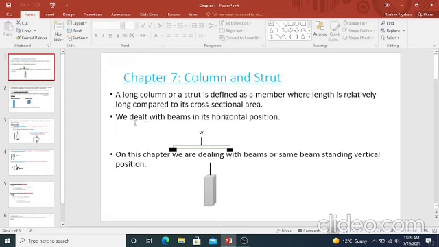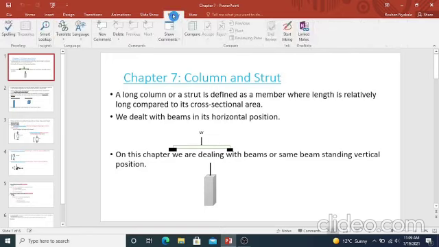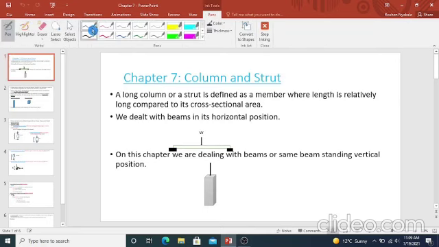On the previous topics that we dealt with, the beam was in a horizontal position, whereby we determined the critical point of the beam in the form of your bending moment. You can tell that the critical point of the beam is caused by the bending stress.